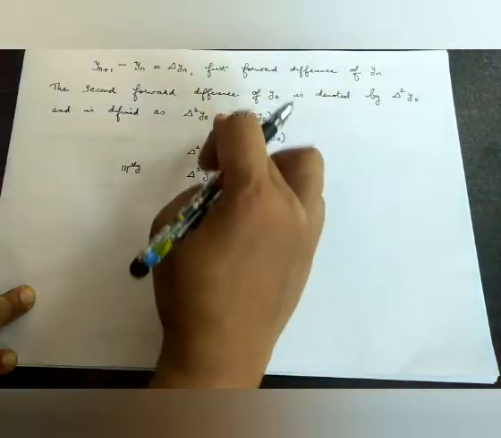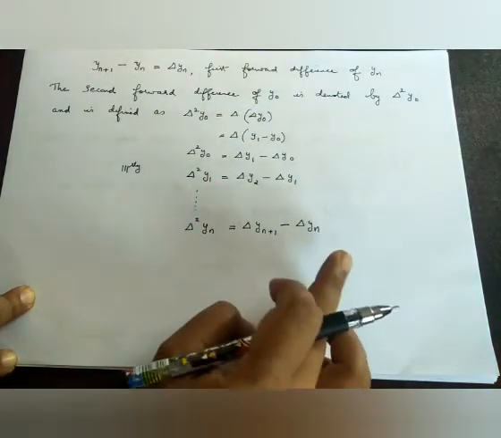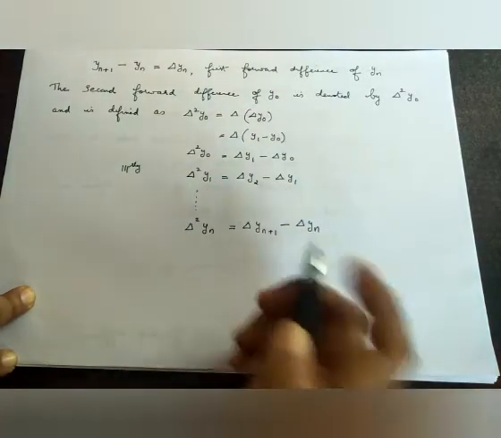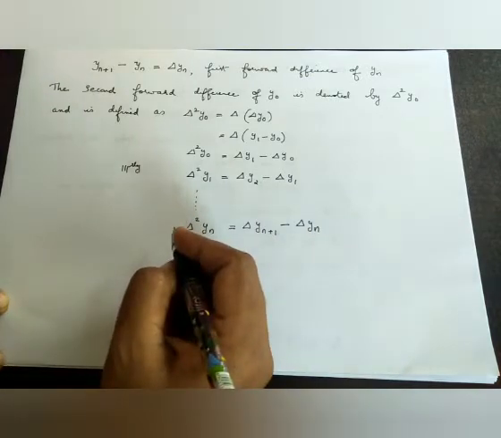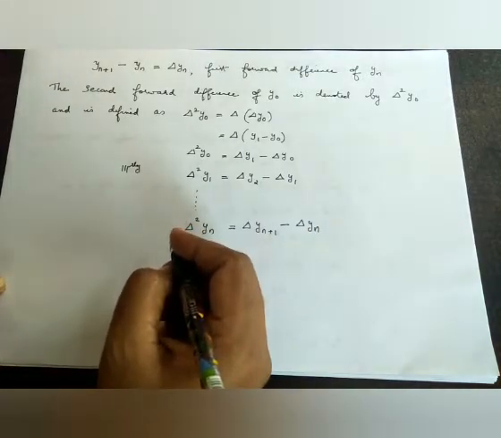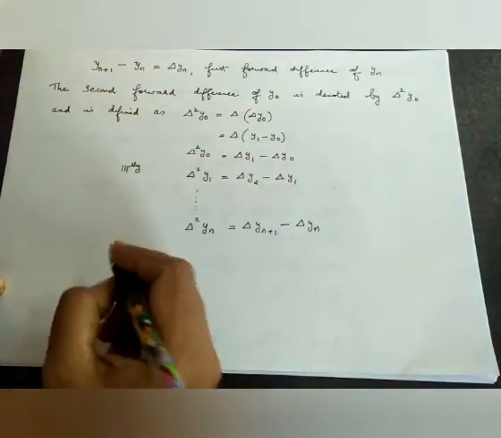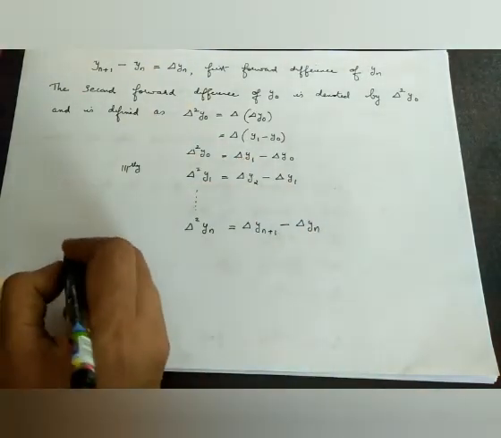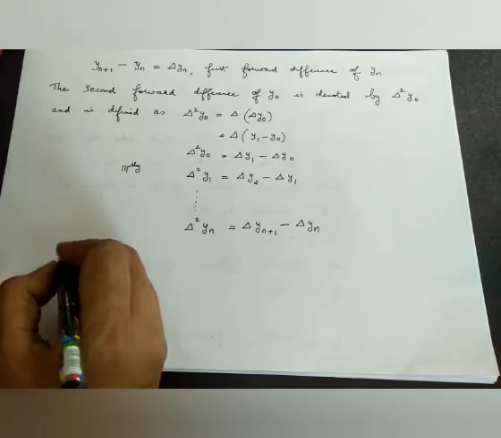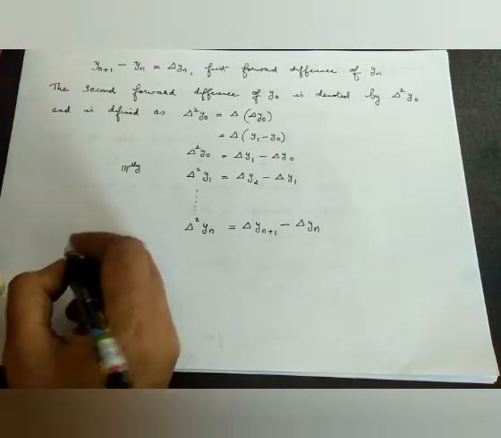Now these differences are called the second forward differences. Now the following table gives various forward differences and is called the forward difference table. By using these things we can form a table and it is called the forward difference table.